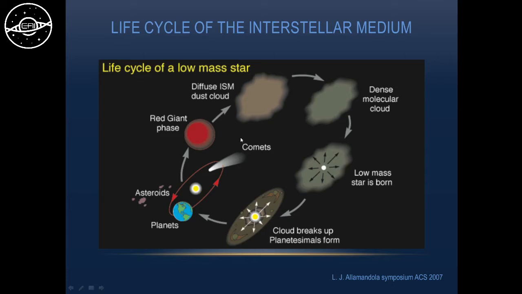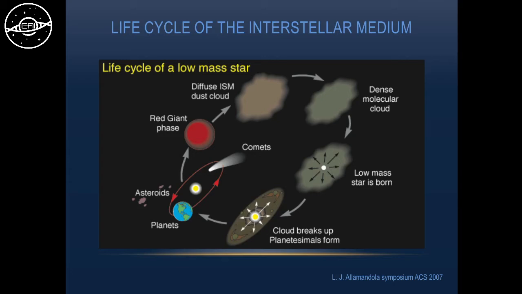Here you can see the life cycle of the matter in the interstellar medium. All heavy elements, heavy meaning heavier than lithium, are produced by dying stars and then expelled into the ISM, where they have a chance to condense and form a molecular cloud. The molecular cloud may further condense, with increasing density, until a star is formed inside.